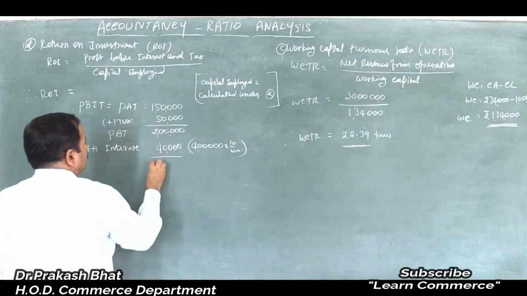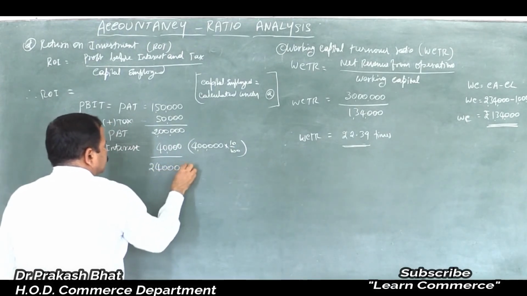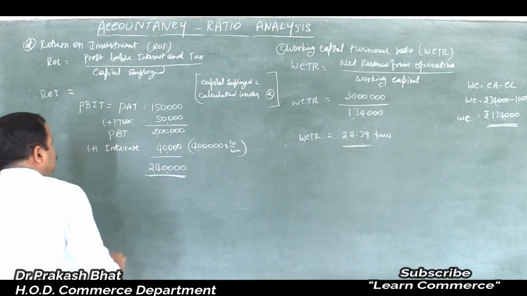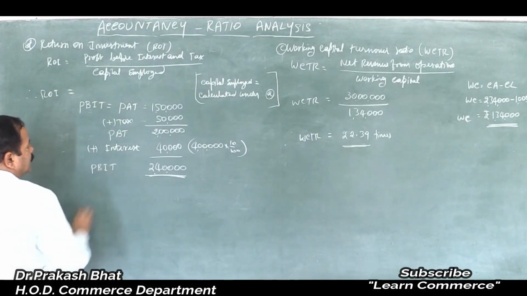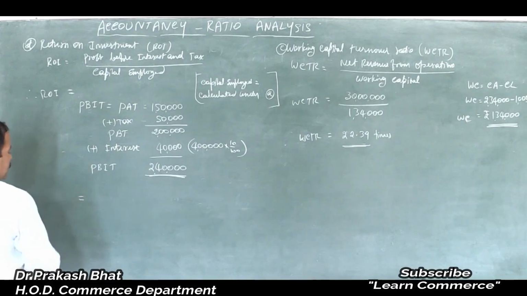So it will be 2,40,000. This is what you will get as profit before interest and tax, and you have to substitute this figure.